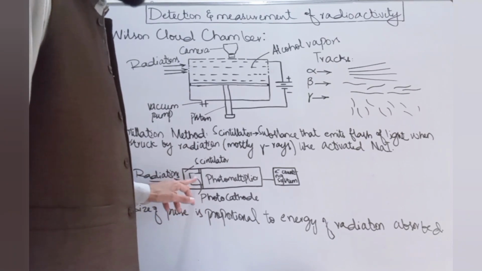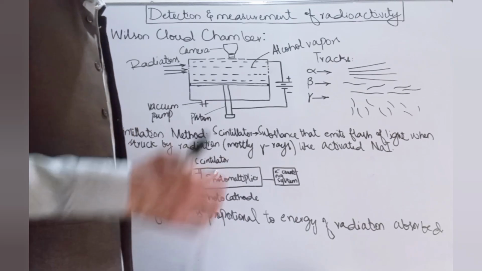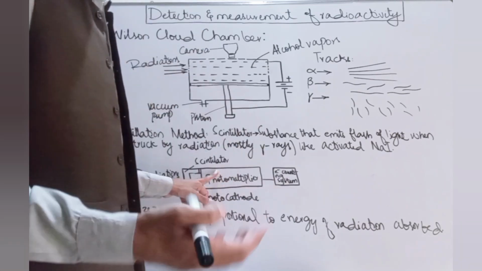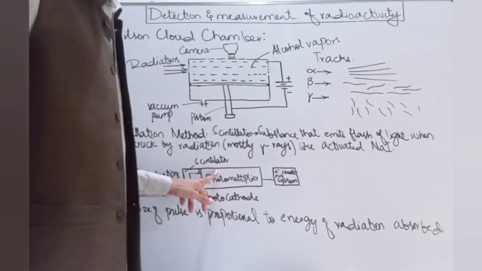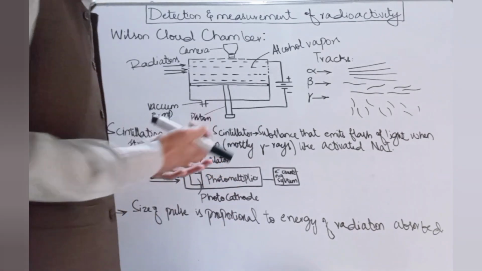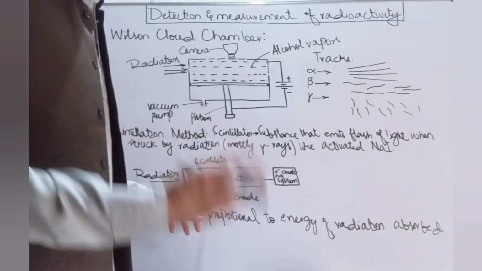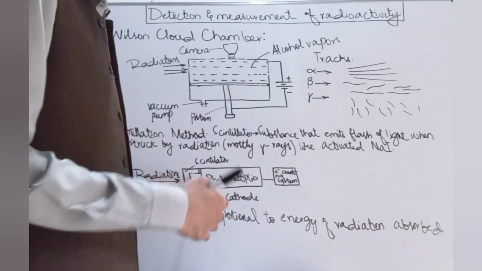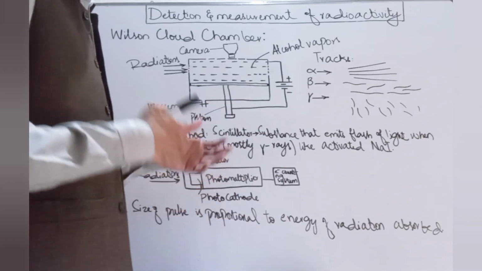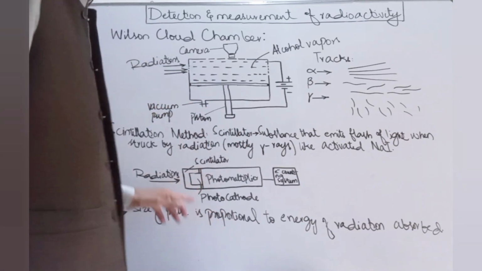Whenever an electron is released from the photocathode, next are the almost 10 positively charged plates of the photomultiplier tube. These positively charged plates withdraw the electron from the surface of the photocathode, and because they are positively charged, they can give extra kinetic energy to the electron.